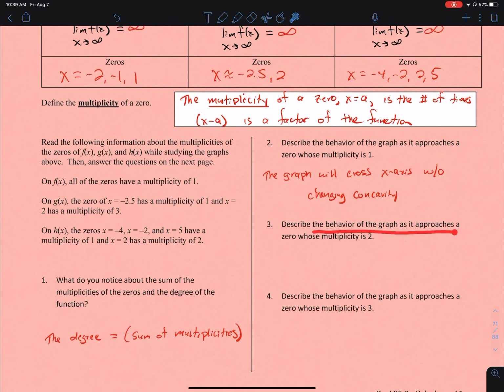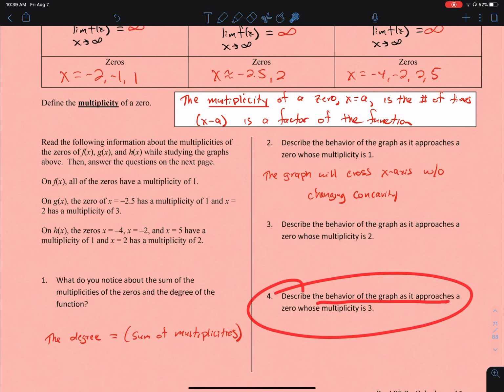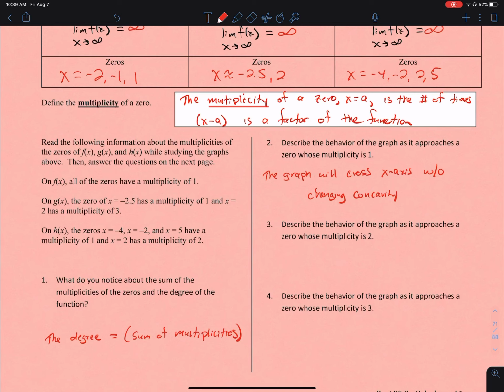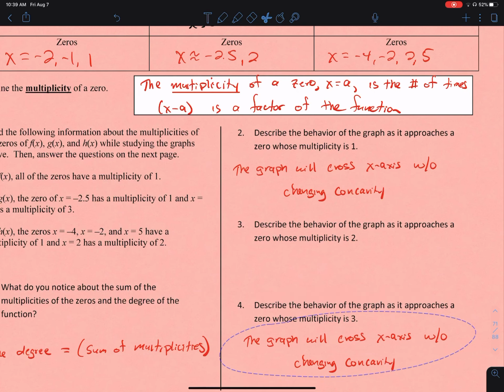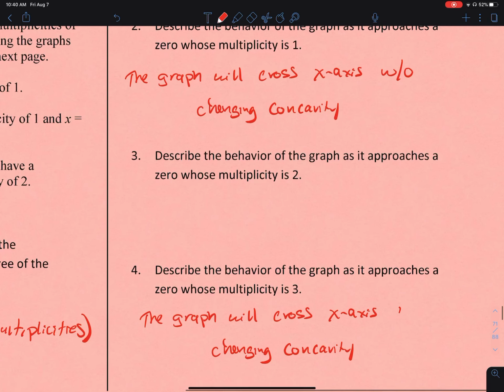Describe the behavior of the graph as it approaches a zero whose multiplicity is 3. Well, it's the same thing we said here, but the concavity does change. The graph will cross the x-axis and changes concavity.